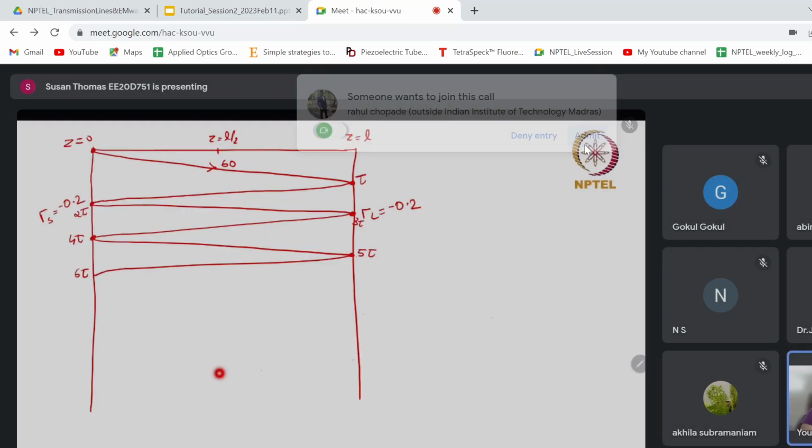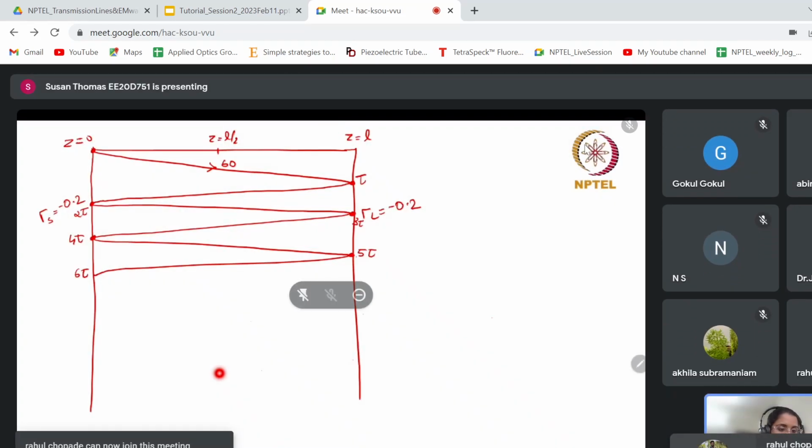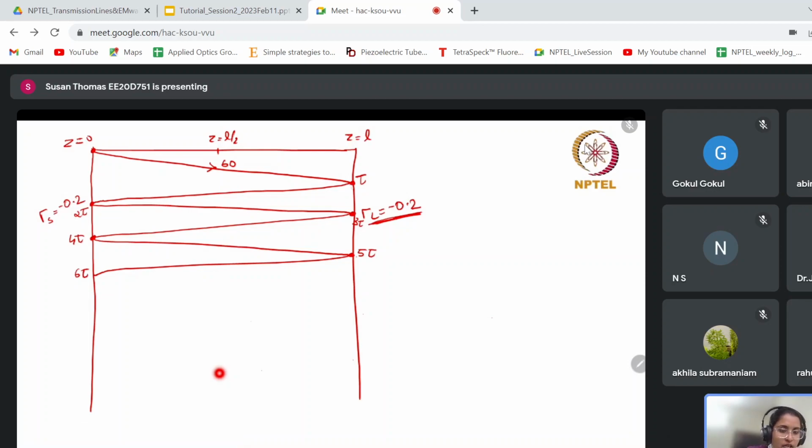Now let's have a look at the effect of this reflection coefficient. When the first reflection happens at the load end, this voltage becomes 60 into minus 0.2, and the next reflection happens at the source end.